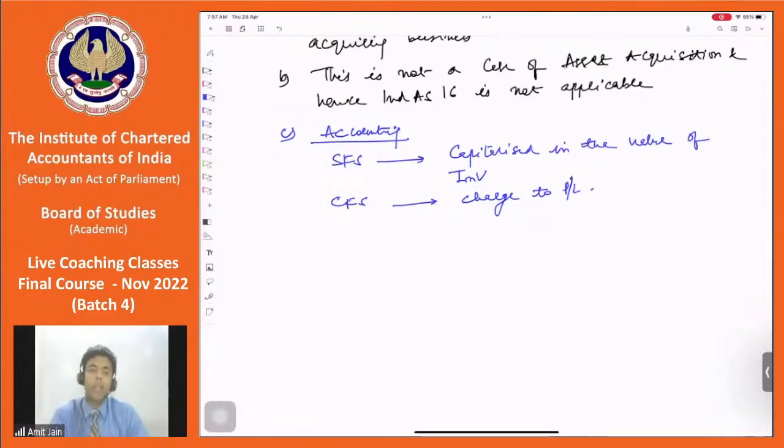It does not mean 89%, I will not say that it is not an asset acquisition. It depends upon case to case, but on practical ground we generally take 90% or more. If you have the same answer, you need to justify both the perspectives of this point. Correct, Sairam? I believe I am very clear on this particular aspect.